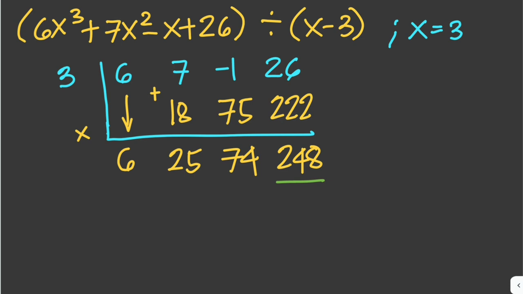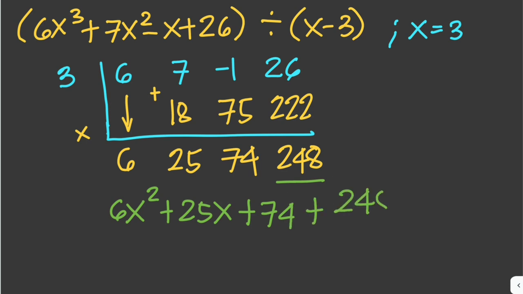Notice that we have a remainder here, which is positive 248. So now we can write our quotient as 6x squared plus 25x plus 74, and our remainder is 248 over the divisor, which is x minus 3.